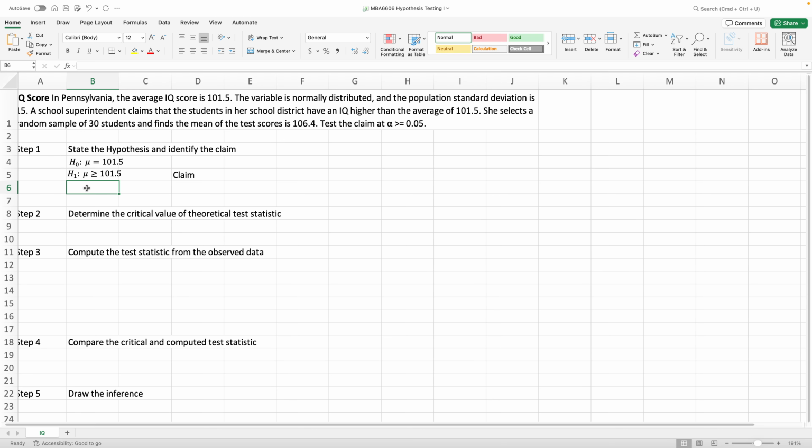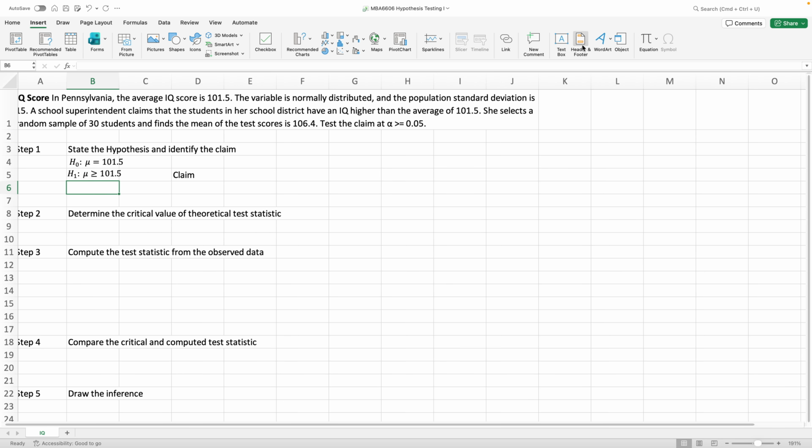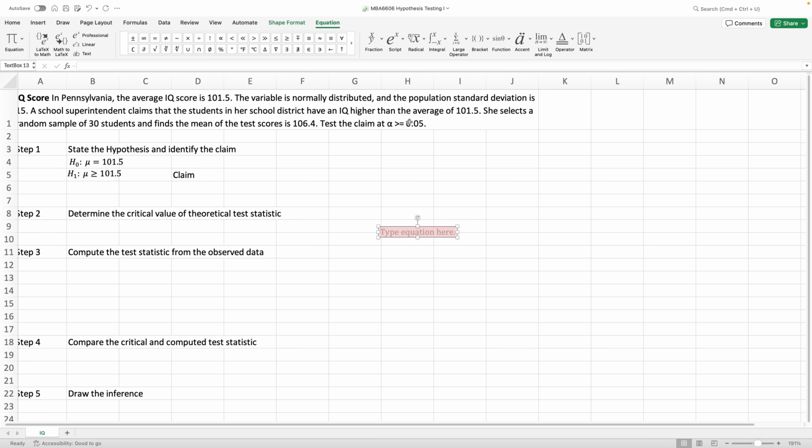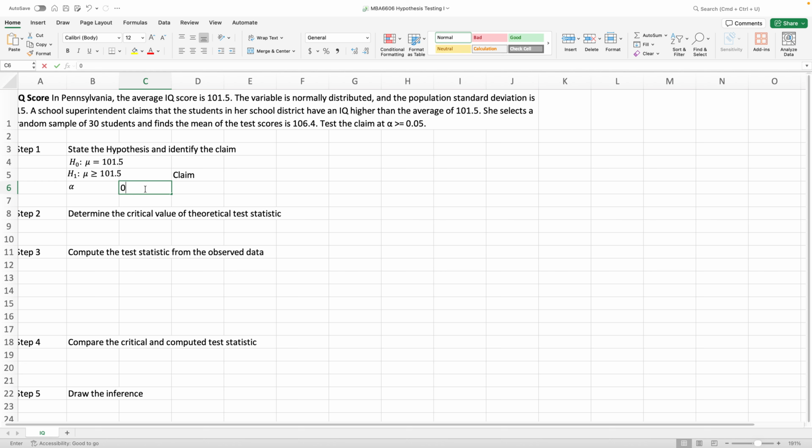So we know the claim and we know the significance level alpha, and alpha is 0.05. We can compute the 1 minus alpha also.